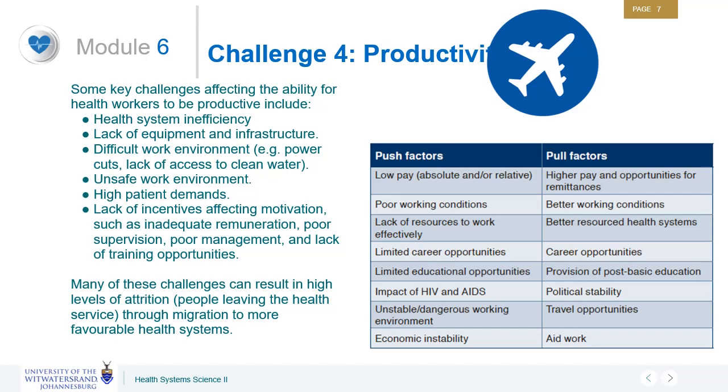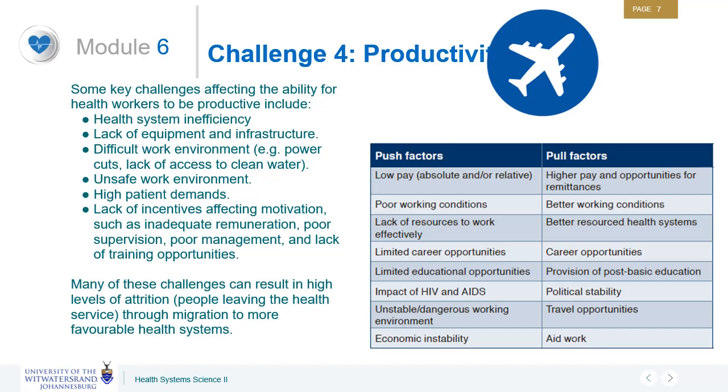We also see that many health environments are in fact unsafe, and doctors and nurses don't feel protected in their workplace. There's often a high demand, particularly in the public sector, where there are huge numbers of patients and few healthcare workers to meet the needs of those patients.